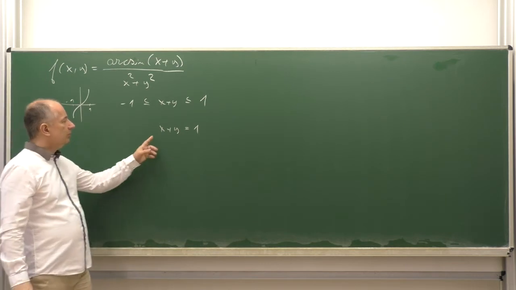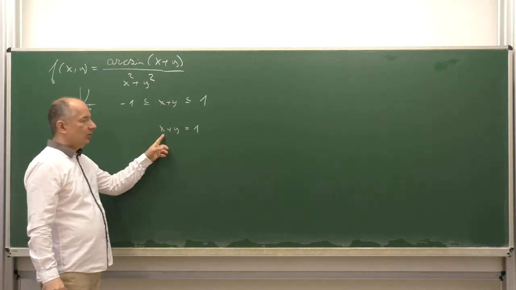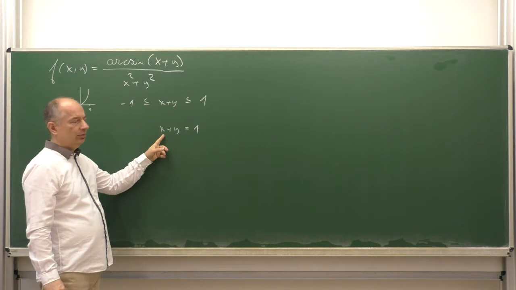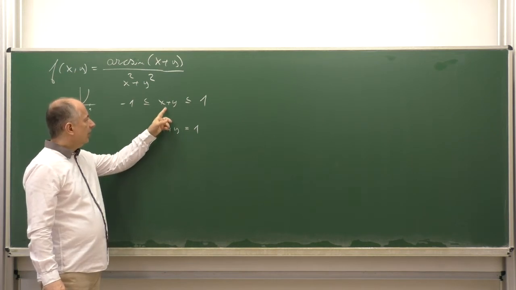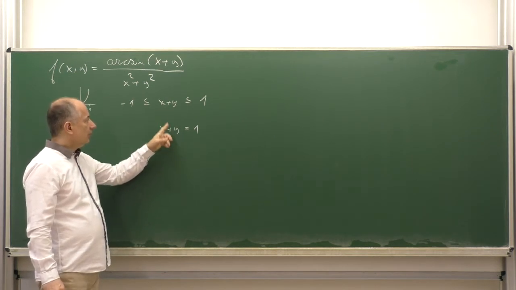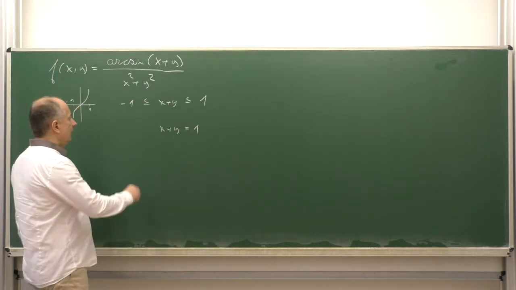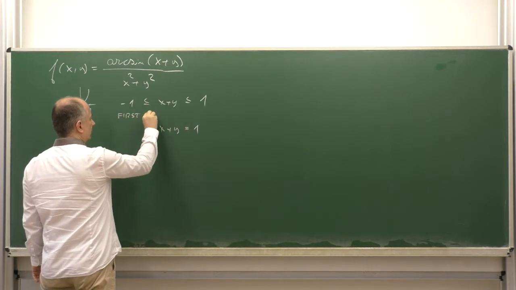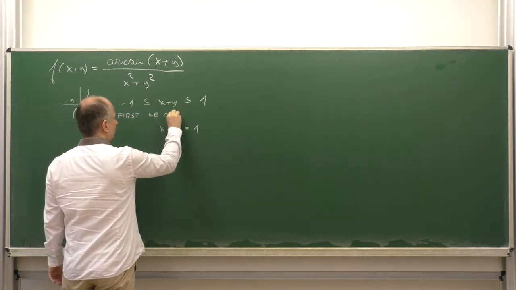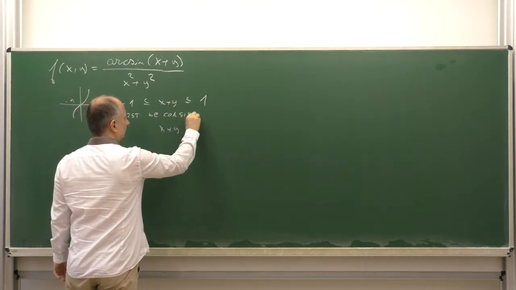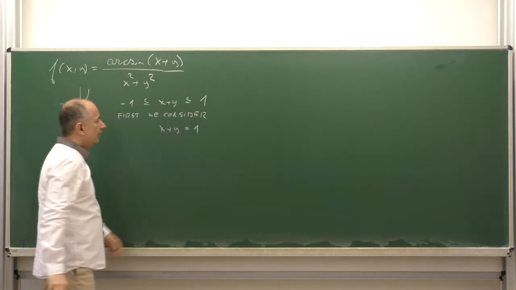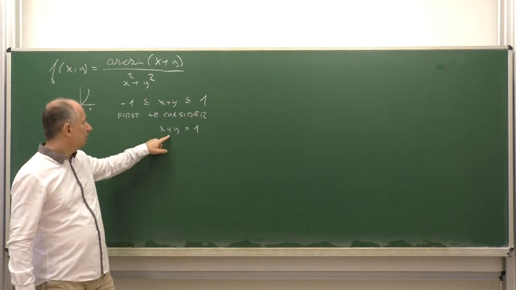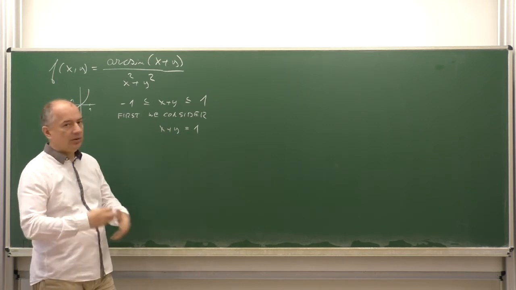But we should write some note so that the reader is not confused in thinking that we have come to this result from this. So something like "first we consider," that means this is not our result of this computation, this is our consideration.